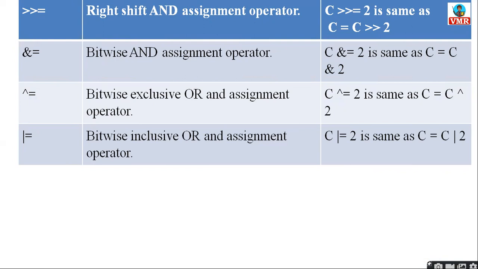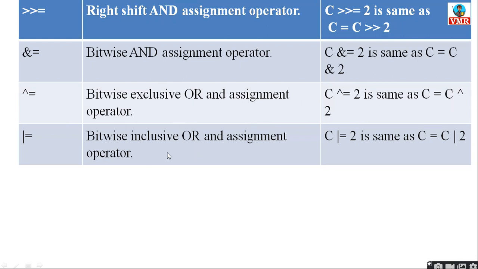Okay, and next the bitwise and assignment operator, C and is equals to 2, which is the same as C is equals to C ampersand 2. The AND operator you are performing on 2. Bitwise exclusive OR and assignment operator: C bitwise exclusive OR is equals to 2, which means C is equals to C cap 2.